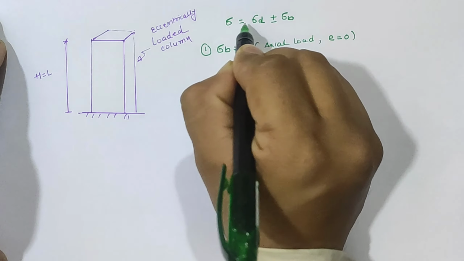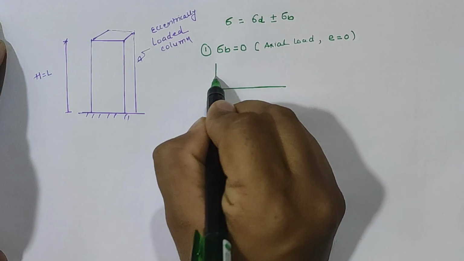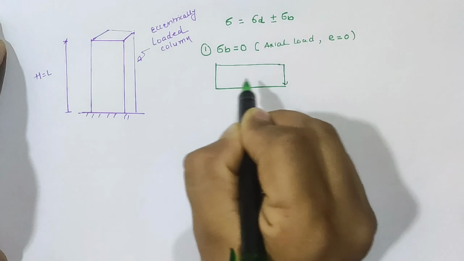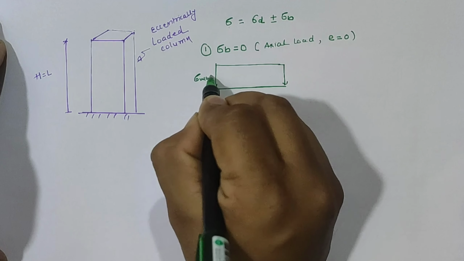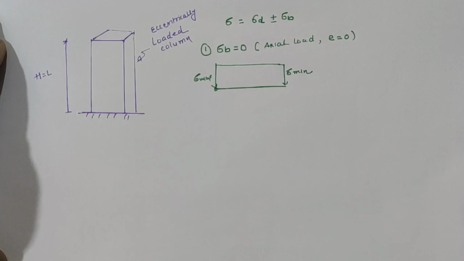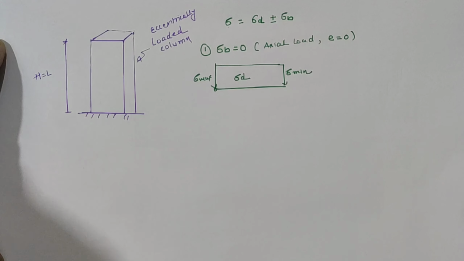It means that the maximum value is sigma D as well as the minimum value is sigma D. Hence our stress distribution diagram is a rectangle, where the maximum value as well as the minimum value at the end of the section is sigma D.